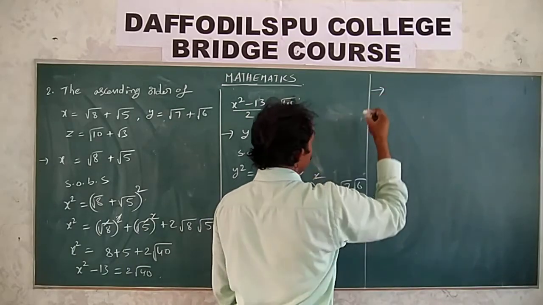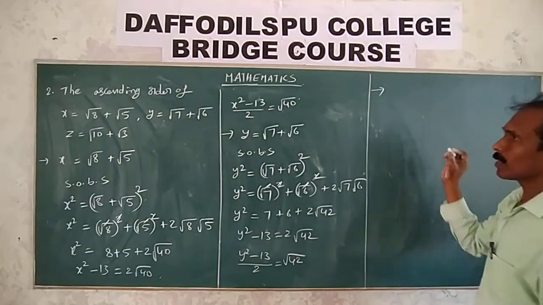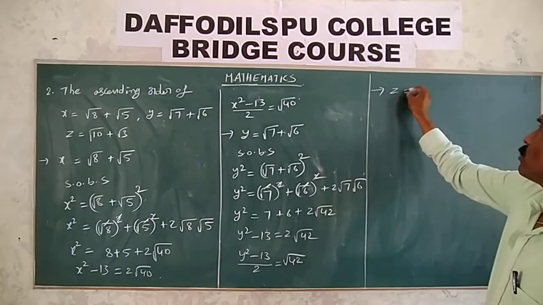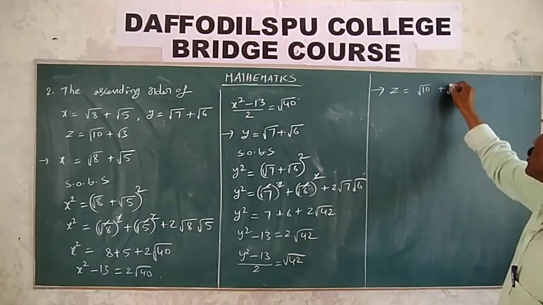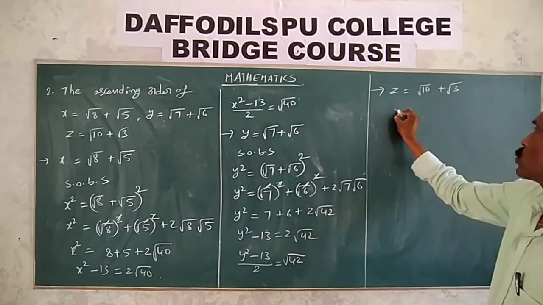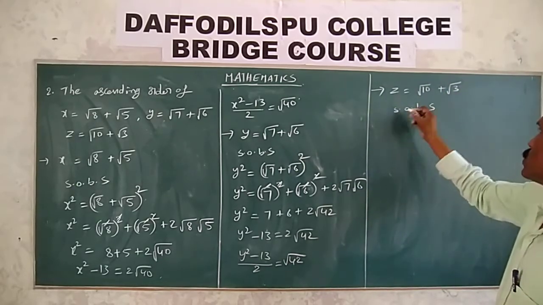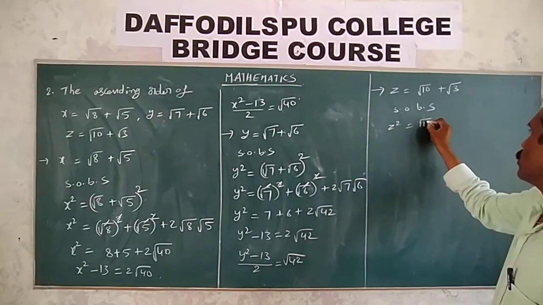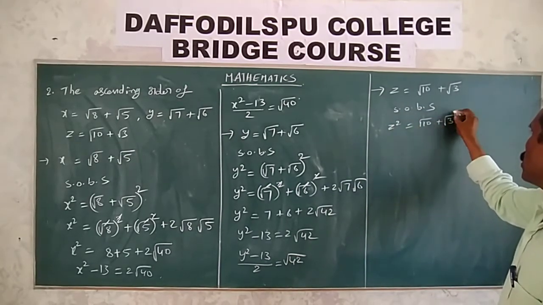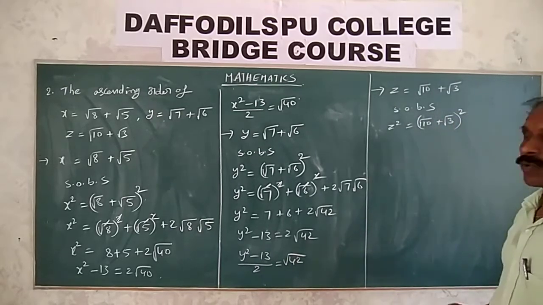Next take z value. What is z value? z is equal to root 10 plus root 3. Squaring on both sides. z square is root 10 plus root 3 whole square.